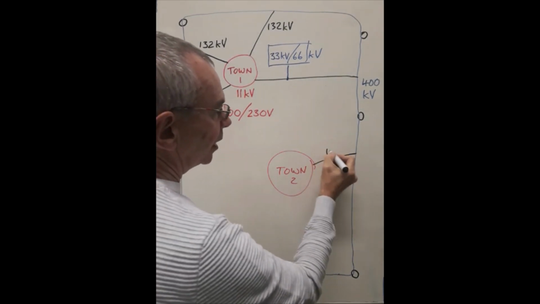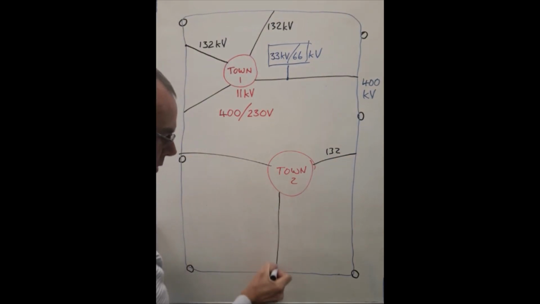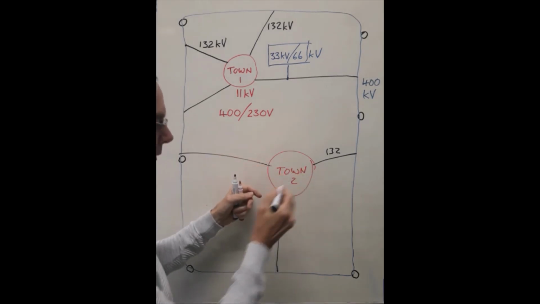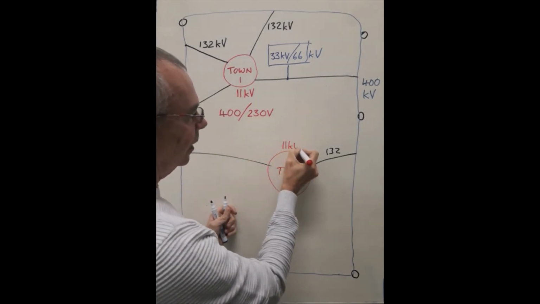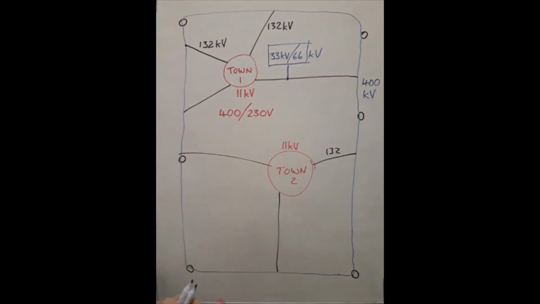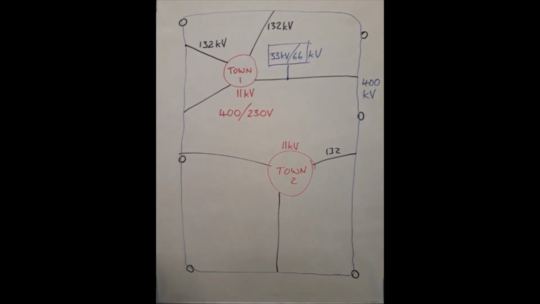This will be fed at 132 from various points on the grid, and we transform down to 11 kV. Take the 11 kV underground wherever possible on a steel or armoured cable, and then within the town we drop it locally at a local transformer down to 400 and 230. So let's look at the next step.